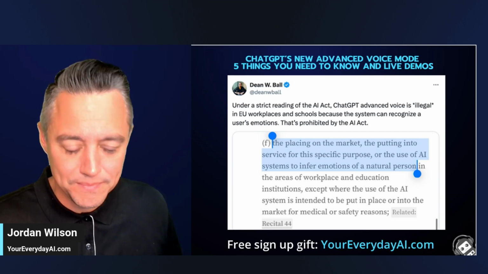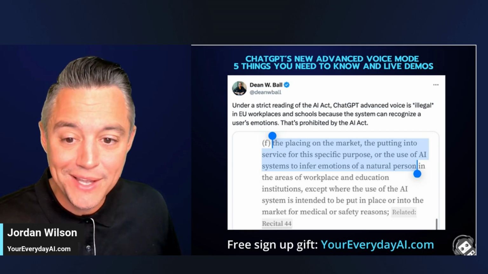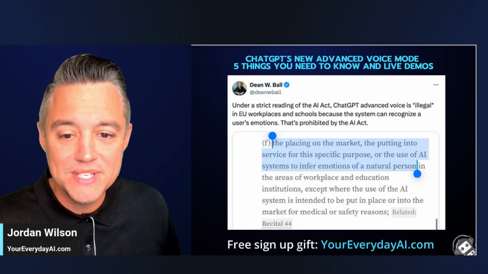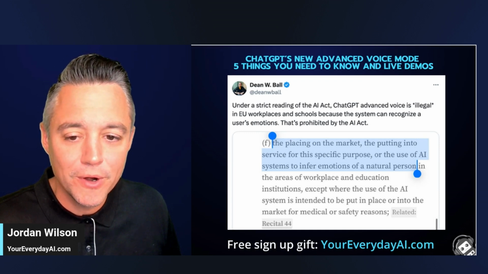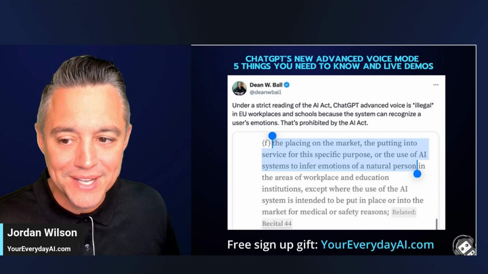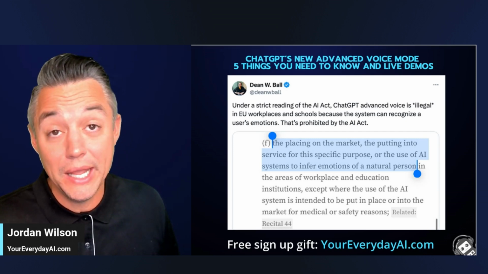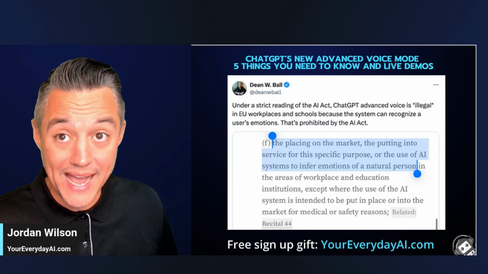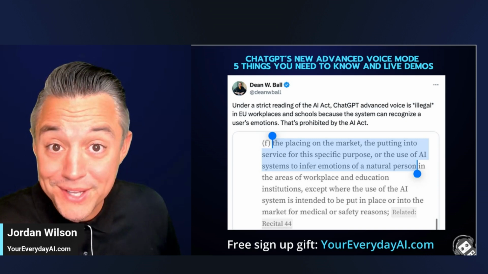It says this is something that is not allowed: the placing on the market, the putting into service for this specific purpose, or the use of AI systems to infer emotions of a natural person. So yeah, AIs that can infer emotions are not allowed, and that is something that advanced voice mode is very good at doing.